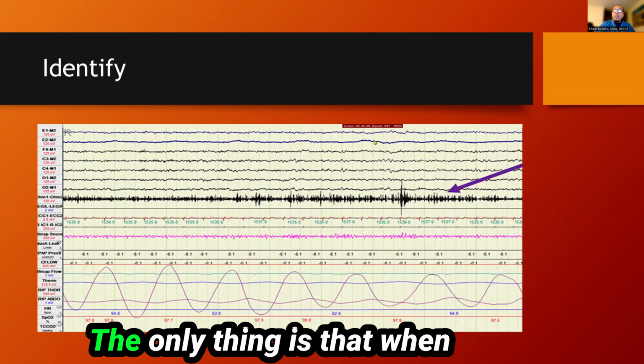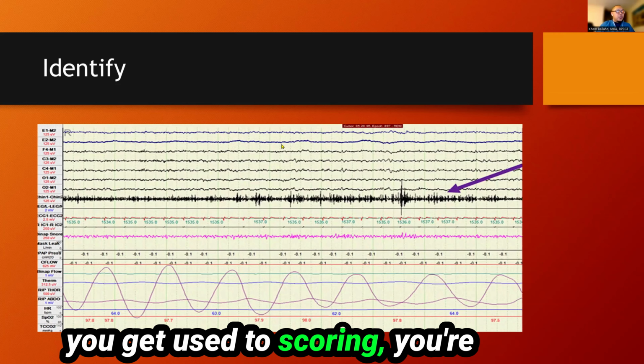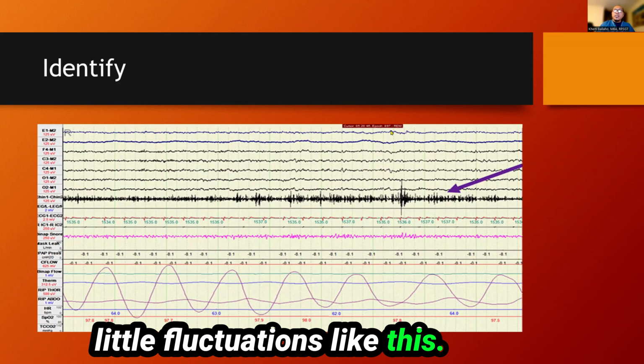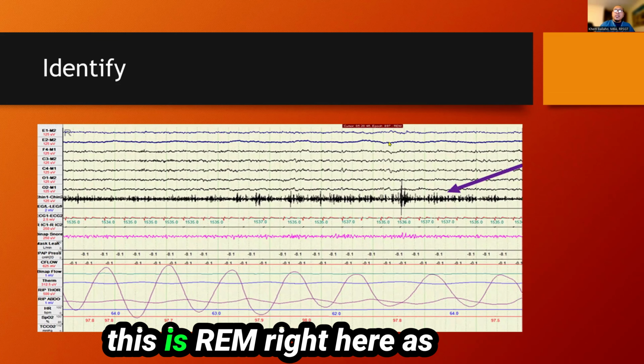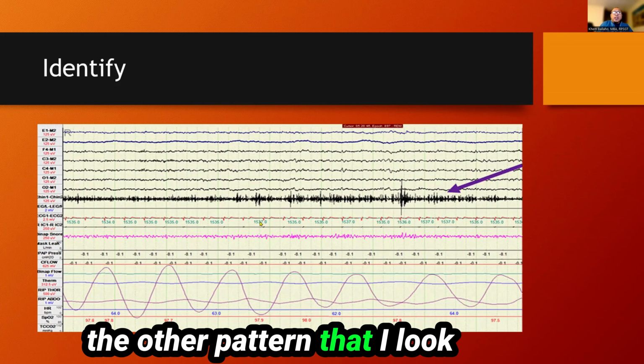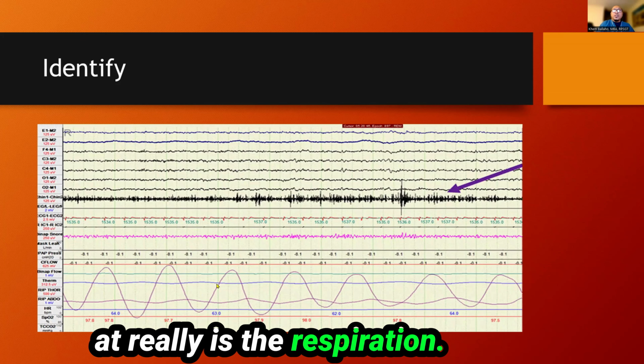Very difficult. The only thing is that when you get used to scoring, you're going to be very sensitive to little fluctuations like this. This gives me an idea. This is REM right here, as soon as I see this pattern. But the other pattern that I look at really is the respiration. Okay.